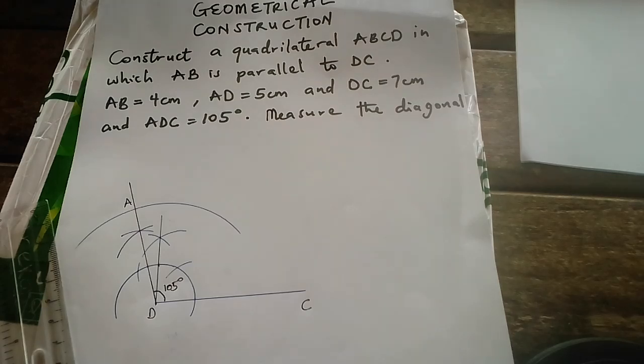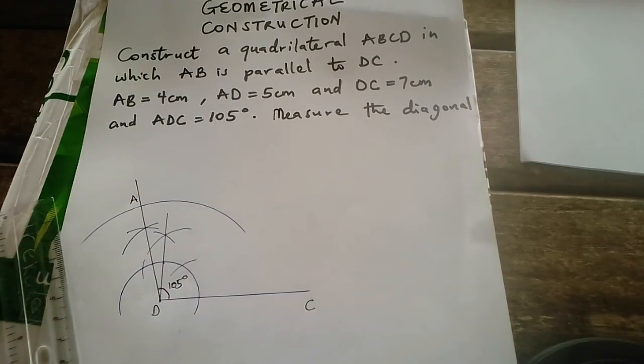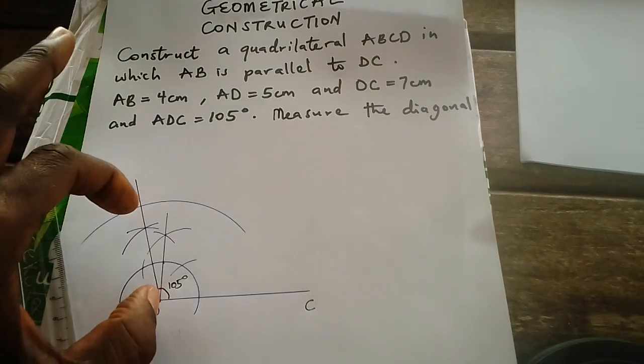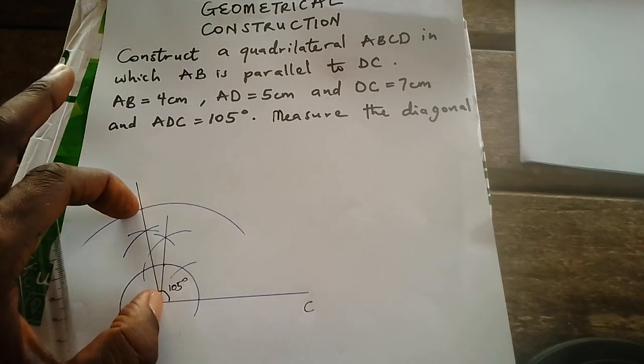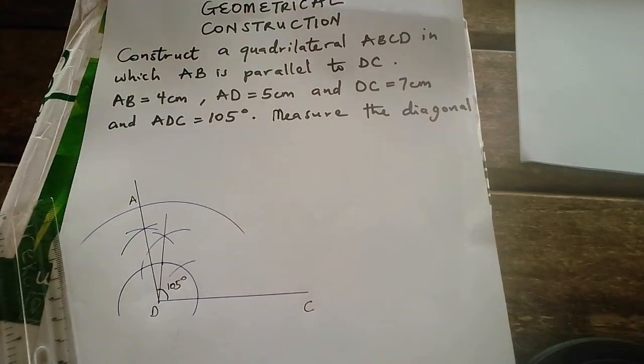To make it easier, we are told here that AB and DC are parallel lines. To draw parallel lines, now since we are told that this one should be 5 centimeter, our AB is 4 centimeter. Let's first of all measure 4 centimeter.